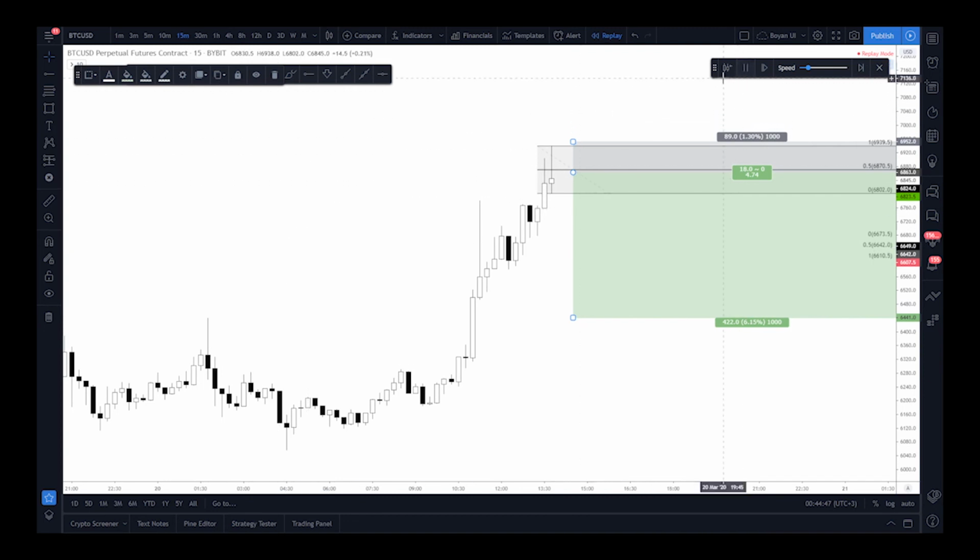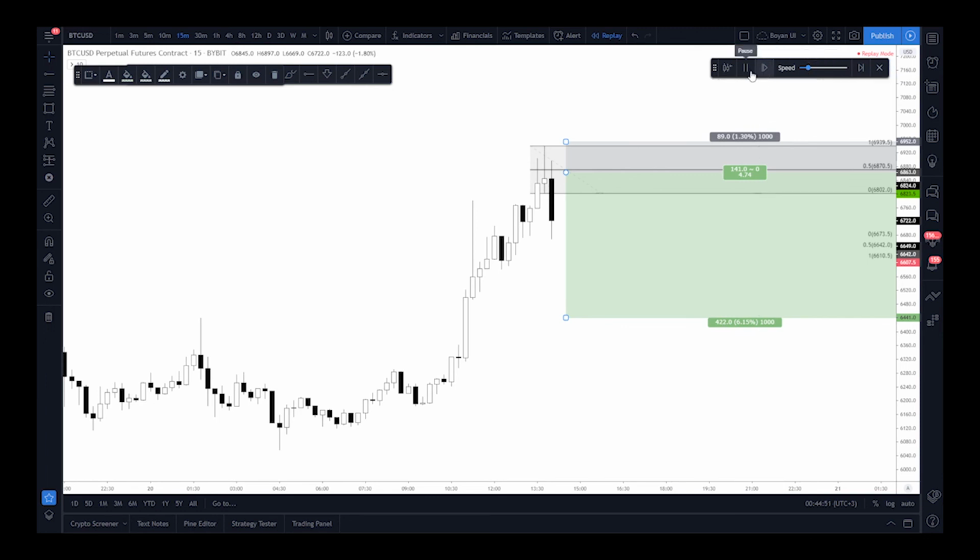So let's just see how it's going to play out. The next candle, if you look right here, this candle retraced right at the 50% retracement of this pin bar candle at the top of the uptrend. And right after that, on the next candle, we have actually reached our first target where we're taking profit.